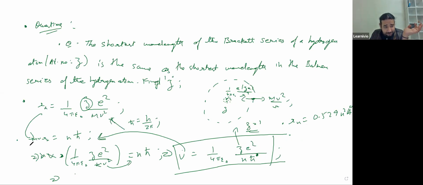I would recommend putting it in here in terms of v, and then calculate Rn and tell me what Rn is. We've done this calculation before for Z equal to 1. We're just calculating it for some general Z.